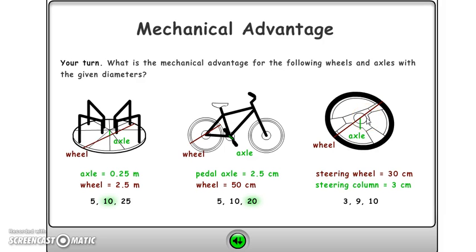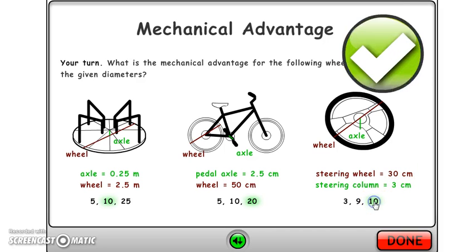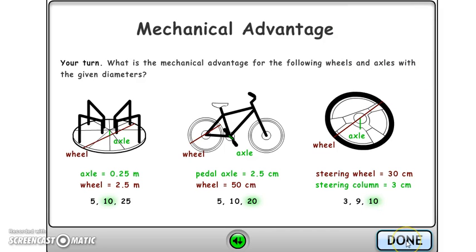The steering column, which is our axle for this steering wheel machine, is 3 centimeters in diameter. But the steering wheel itself, what we hold on to, is 30 centimeters. So wheel diameter divided by axle diameter, 30 divided by 3. What's that? Yep, 10. Let's move on, guys.